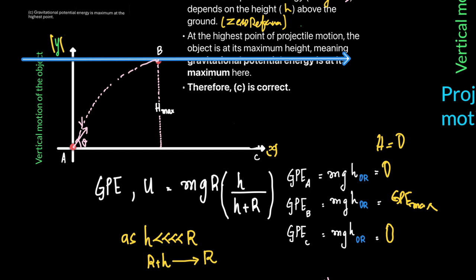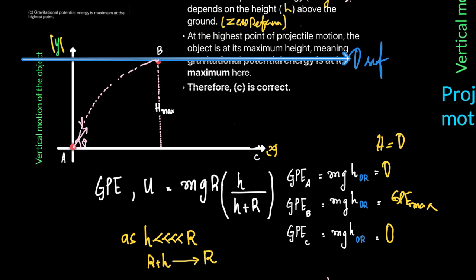And you will take the statement like this, by considering B to be the point through which the zero reference passes. So this is your zero reference now. You will do this calculation with respect to this zero reference, and then tell me how the values will vary for GPE A, GPE B, and GPE C, and what your conclusion will be.